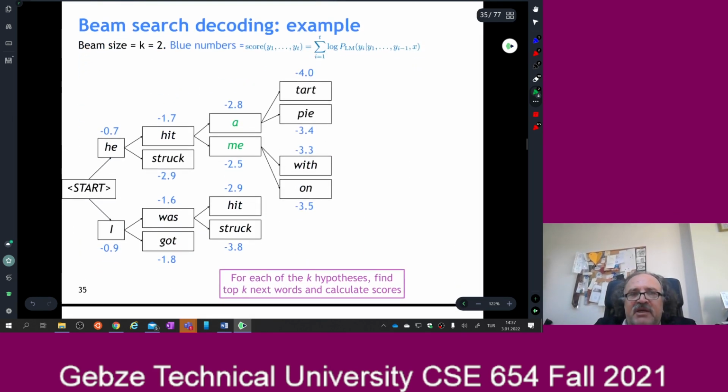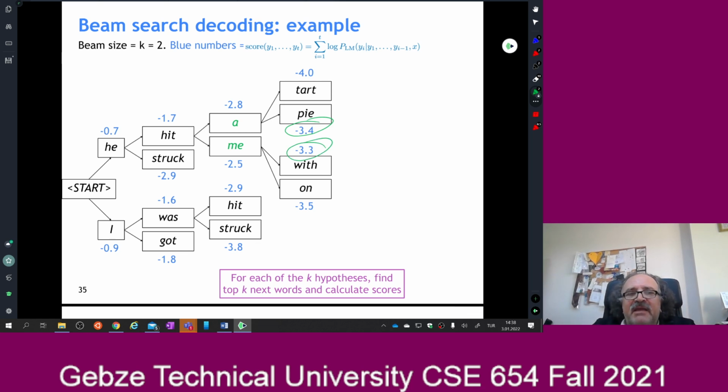Okay, so again, at this one, I am keeping 2 paths open. Out of 2 paths, I need to compare their next 2 successors. So that makes 2 times 2, 4 possibilities. And looking at these, it looks like this one and this one, right?